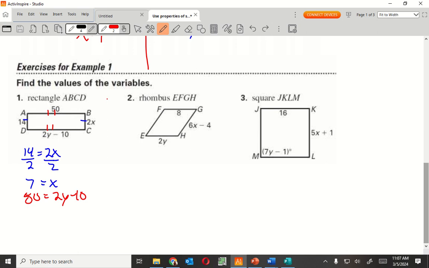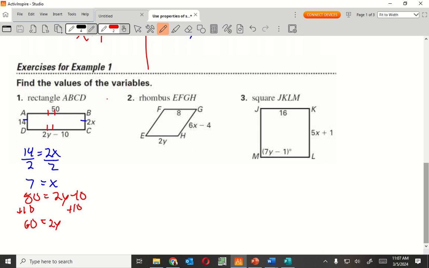All right, so I'm going to add 10 to both sides. To get rid of this minus 10 here, I need to add 10 to both sides. So I should get 60 is equal to 2y. And I'm trying to get the y by itself. Right now it's 2 times y.